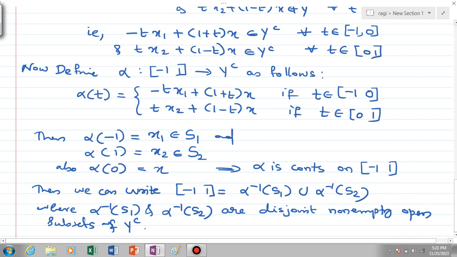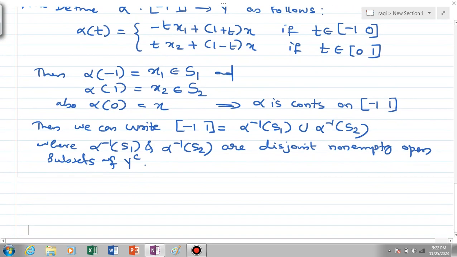Because we know that S1 and S2 are open, and the inverse image of open sets under a continuous function is always open. So alpha inverse S1 and alpha inverse S2 are open, and clearly non-empty since alpha of minus 1 is an element of S1 and alpha of 1 is an element of S2, and they are also disjoint, since S1 and S2 are disjoint, so the inverse images are also disjoint.